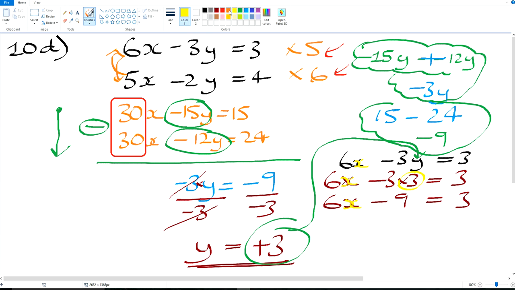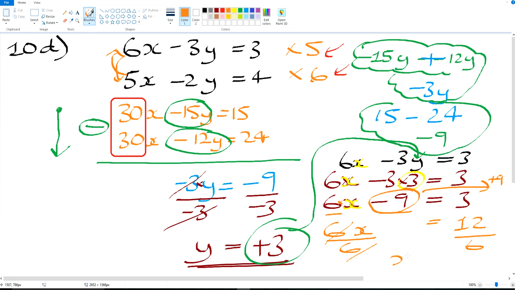In order for us to solve this equation, we need to move the minus 9 first. That becomes a plus 9, because the first action is times by 6, and that's the second action. The second action always goes first. So we have 6x is equal to 3 plus 9, which is 12. And then the opposite of times by 6 is divide by 6 on both sides. So we have here x is equal to 2.